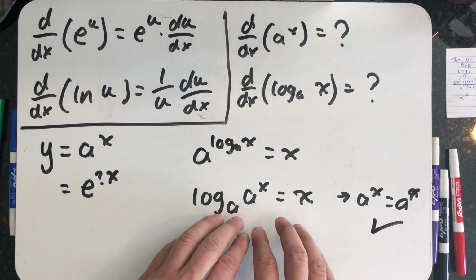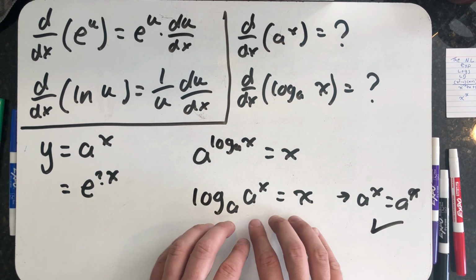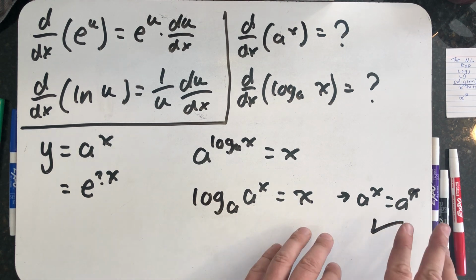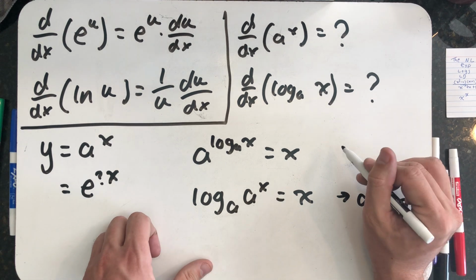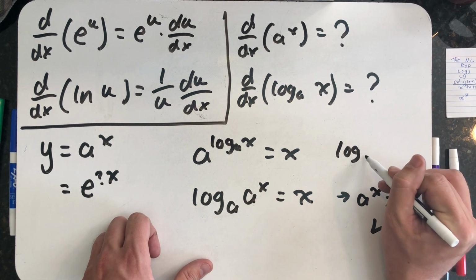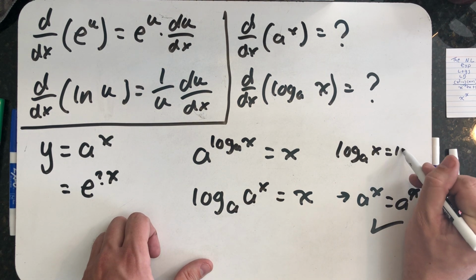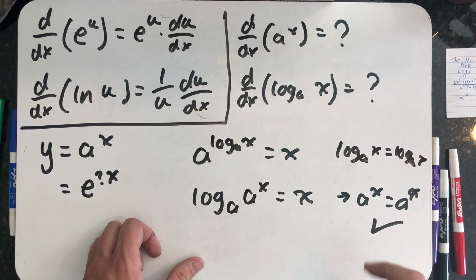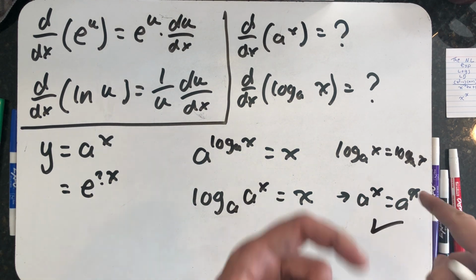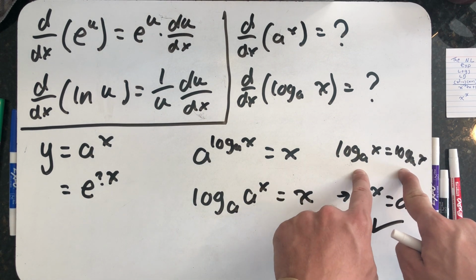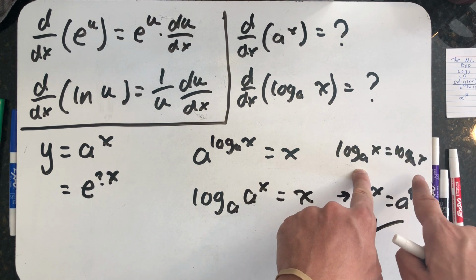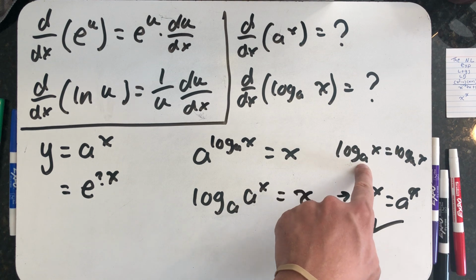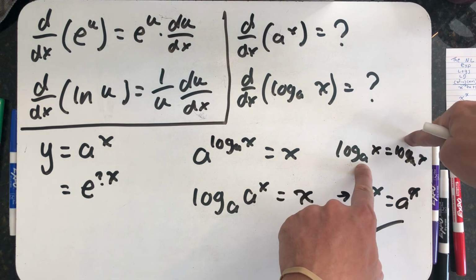I like to think about this as a function composition question, but it's really just a property of the logarithm. If I look at this one and kind of start in a silly place that says the log base a of x is equal to the log base a of x, and then just think about one side as a number and the other side as a logarithm, because the log base a of x is a number. If I rewrite this as an exponential, then the base is a, and then this side is the exponent.